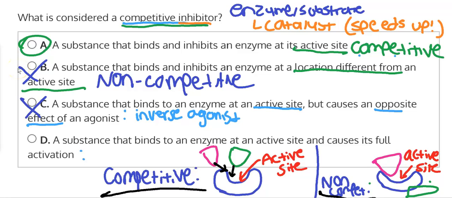In this example, we would not be inhibiting anything, we would be agonizing, so it's an agonist, but instead of an inverse, it's actually occurring with its full activation, so this would be a full agonist. Different term here, not what we're looking for in this question, so we can eliminate option D. So option A would be correct. The substance that binds and inhibits an enzyme in its active site is competitive inhibition.